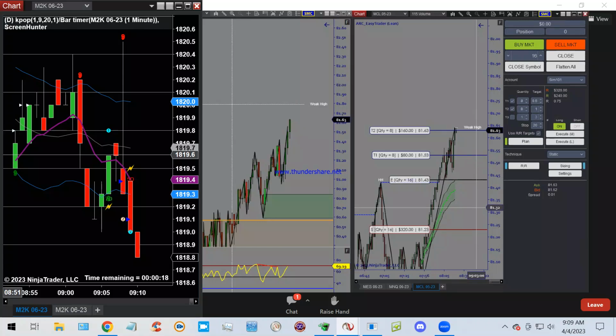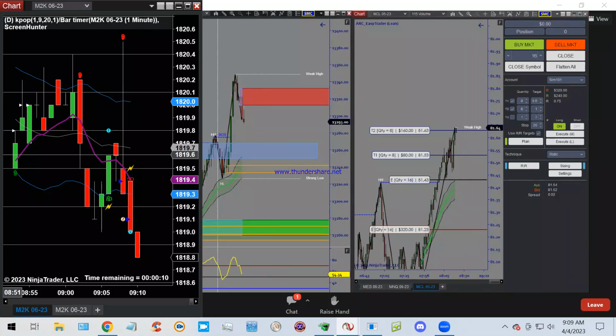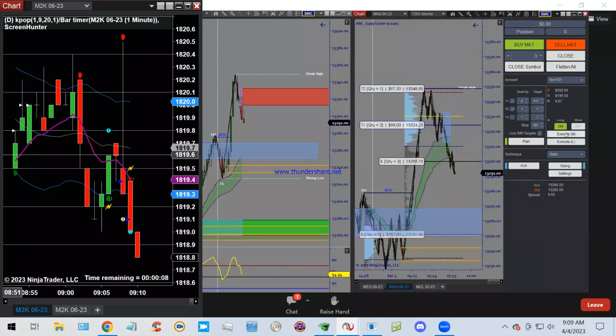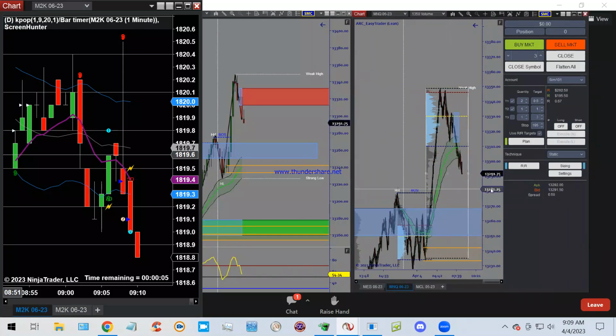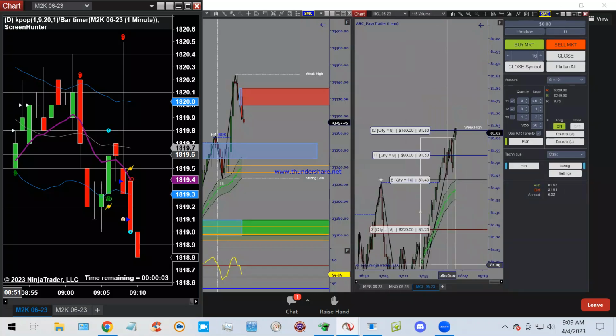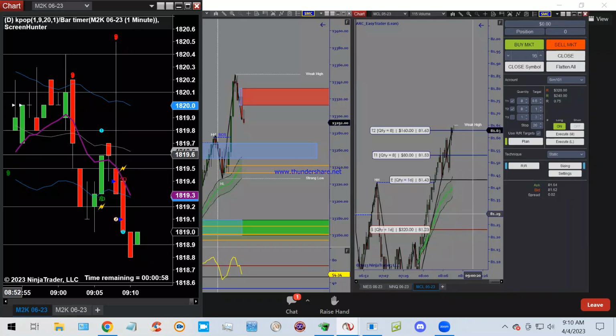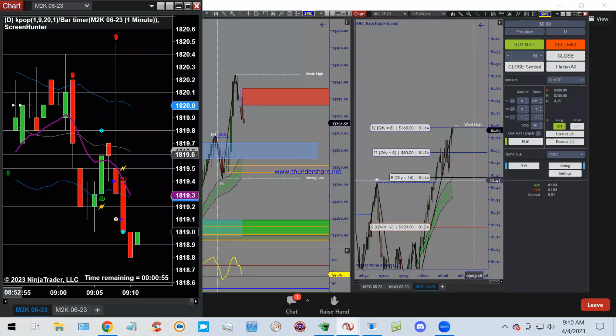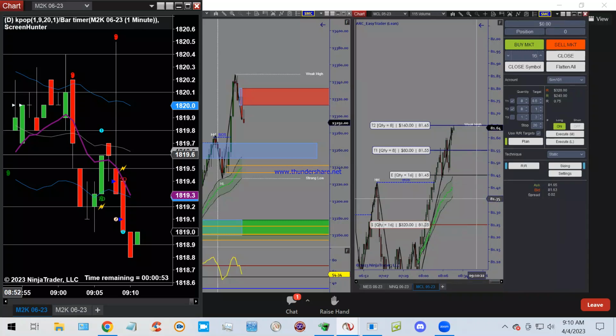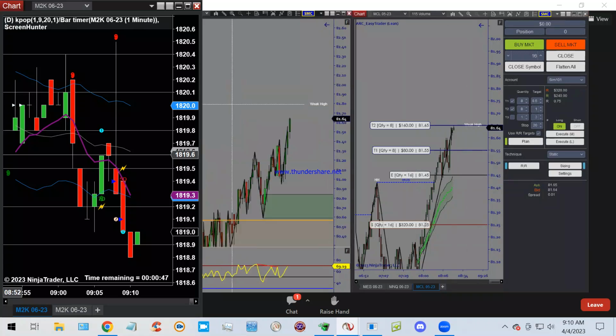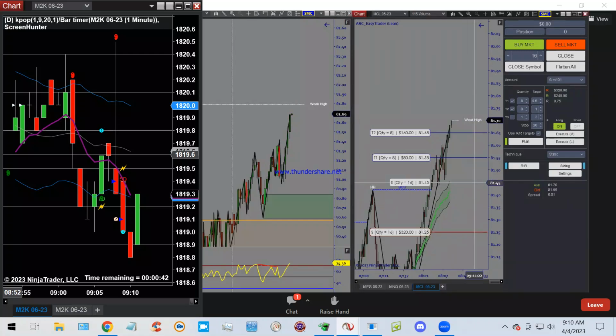Let's go crude. Give us a pullback. Overshot that CWAP. Crude's pushing up.